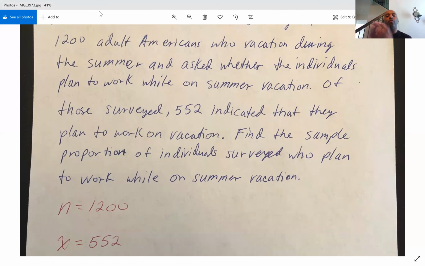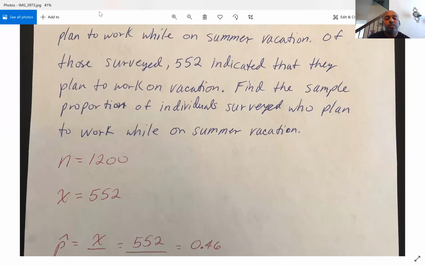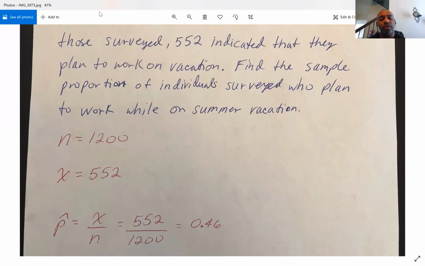All right, so we want to find the sample proportion of individuals surveyed who plan to work while on summer vacation. So n is 1,200, that's the number of people surveyed. x is 552, that's the number of people who plan to work on summer vacation, out of that sample of 1,200. And so p hat is just going to be x over n, that's 552 over 1,200.